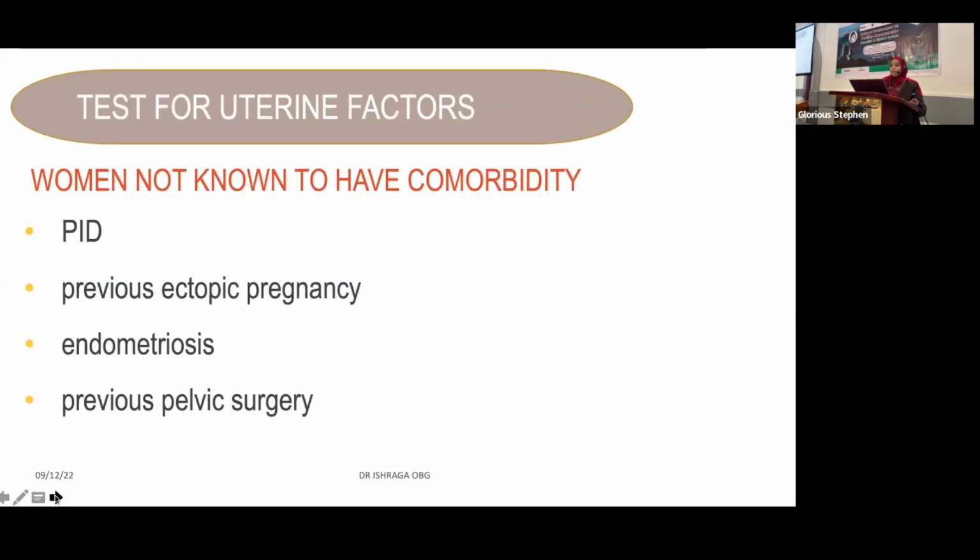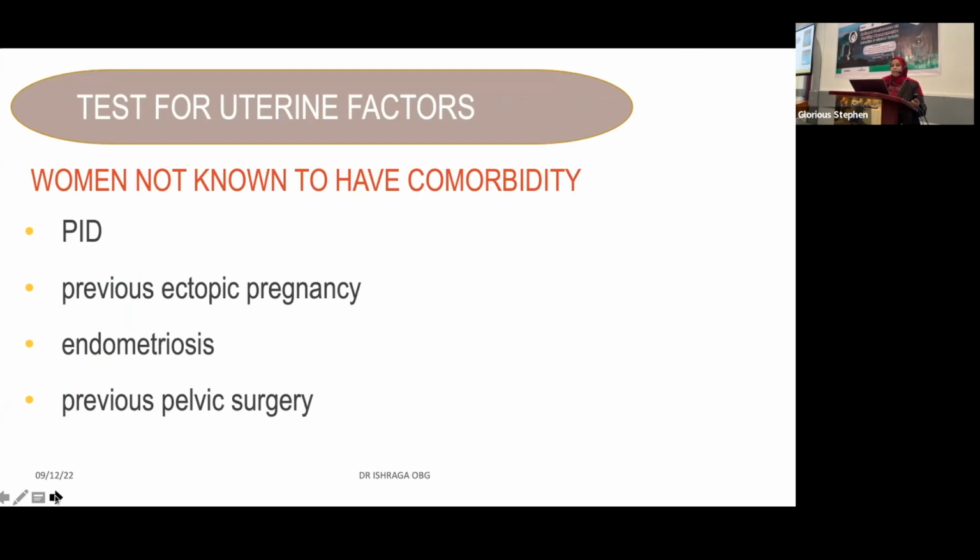Tests for uterine factors. For women not known to have any comorbidity, with no previous pelvic infection, no previous ectopic, no known endometriosis and no previous surgery, we can do an ultrasound scan, transvaginal, 2D or 3D.